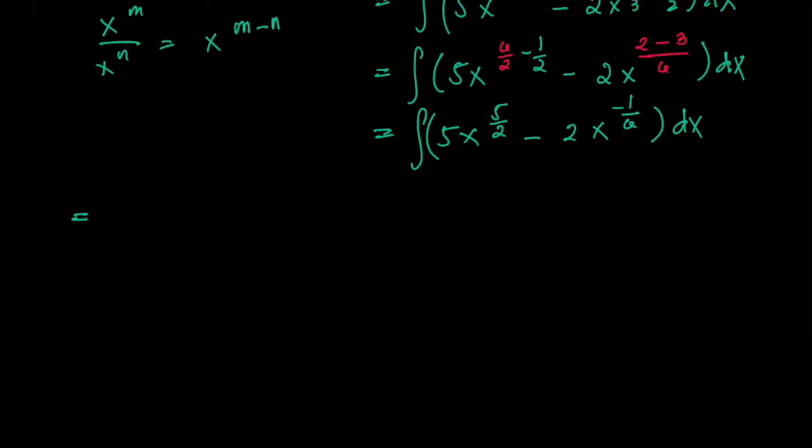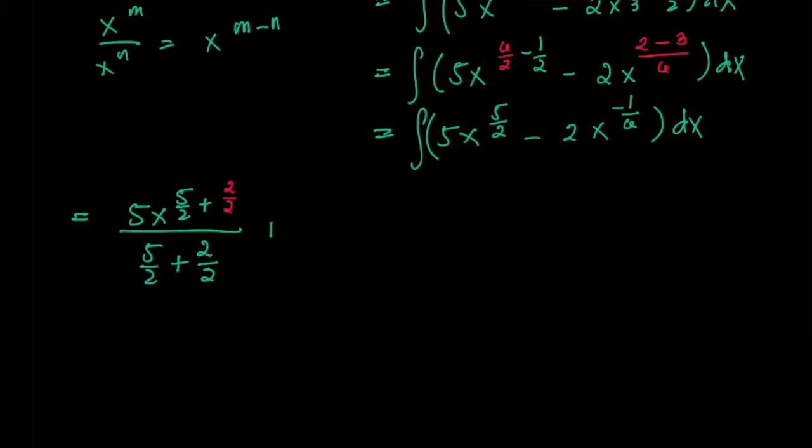So when using the power rule, this 5x raised to 5 halves becomes 5x raised to 5 halves plus 1. But instead of 1, let's make it 2 over 2. It's the same as 1. All over whatever the exponent is, which is 5 halves plus 2 over 2.